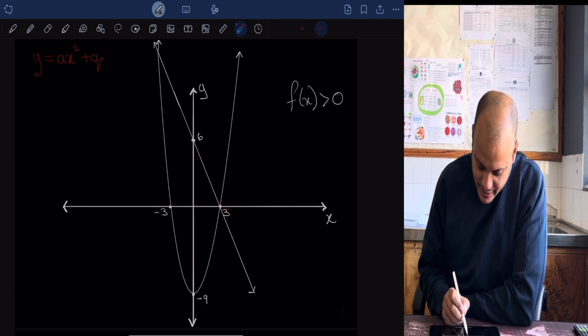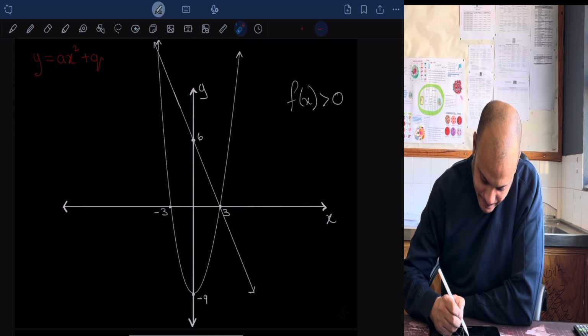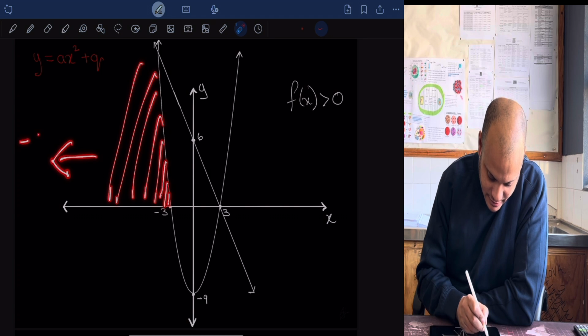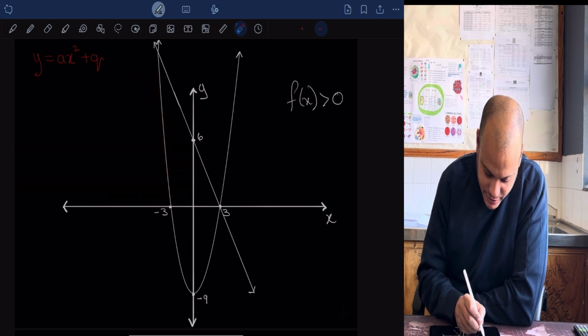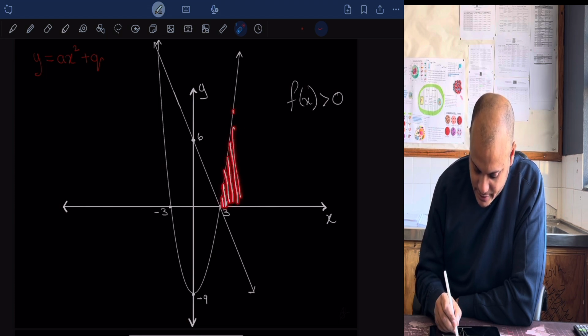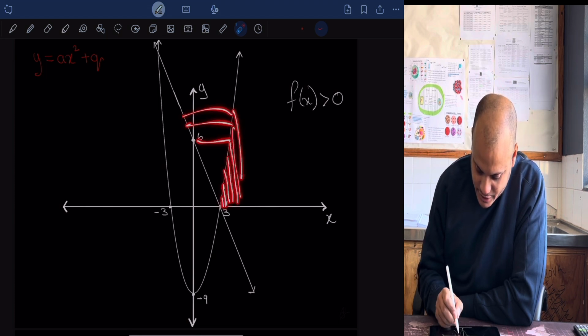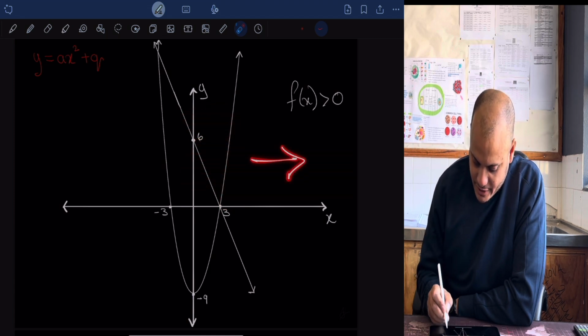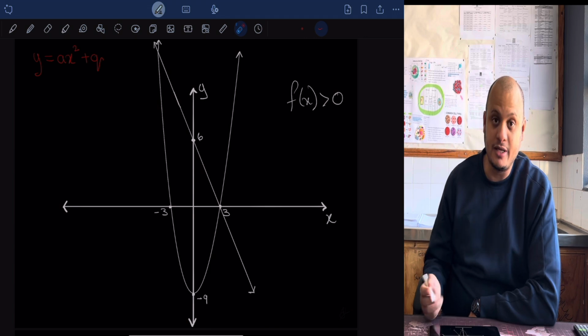So as soon as we go to the left of -3, we'll be hitting those parts of the parabola. And this, of course, goes all the way to -infinity. And those are the parts where my parabola is positive. And then from +3 over here, all these x values will hit some kind of corresponding positive y value. So going all the way that way, my parabola is positive, greater than 0.